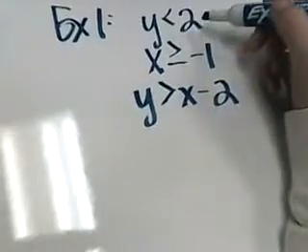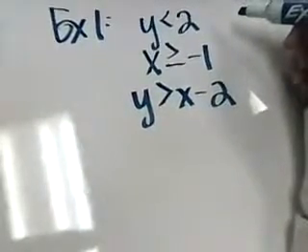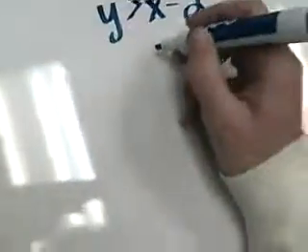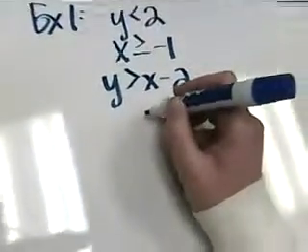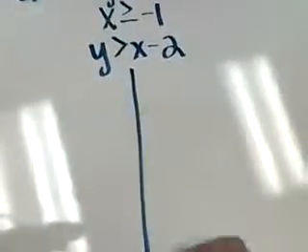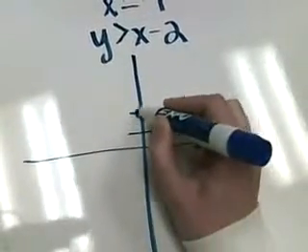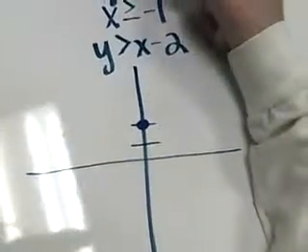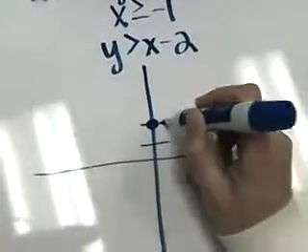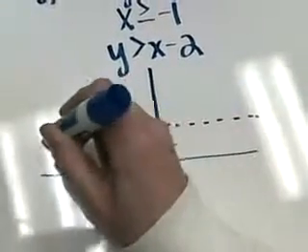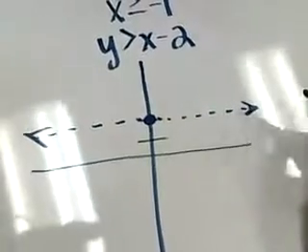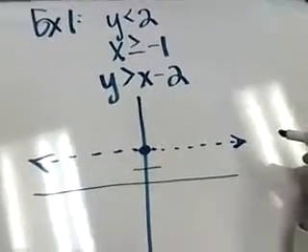Okay, so let's start off with this guy here. y is less than 2. That's an example of a horizontal line, y equals 2. So if I'm going to graph, here's 2. I look up at that line, it's going to be a dotted line. Then remember to shade, it says to pick a point.